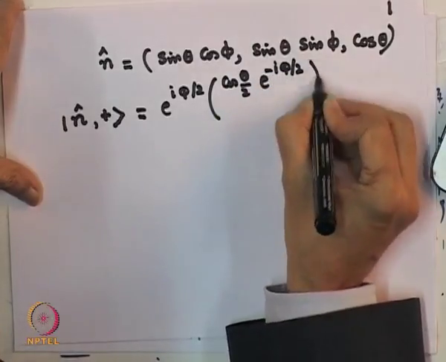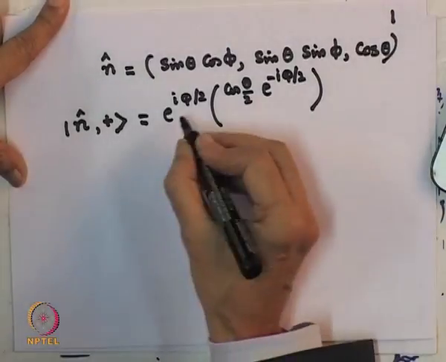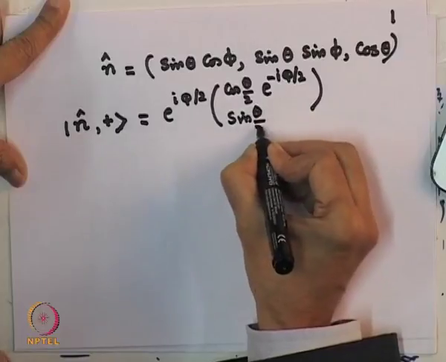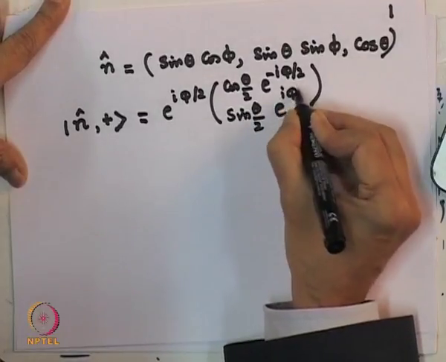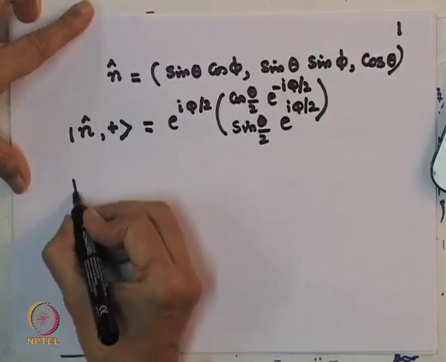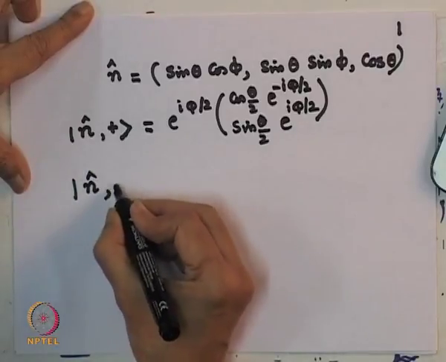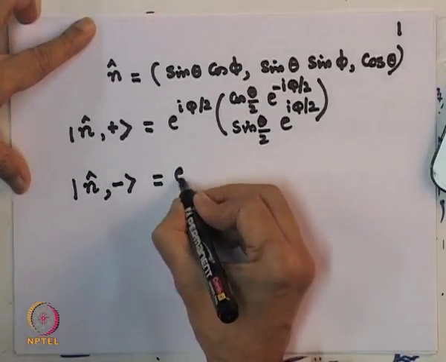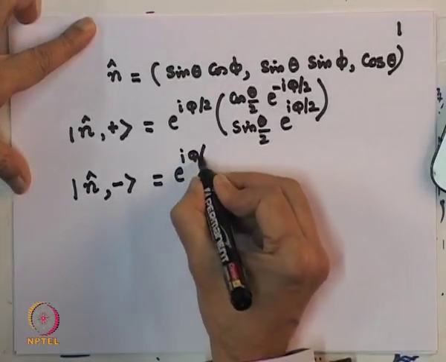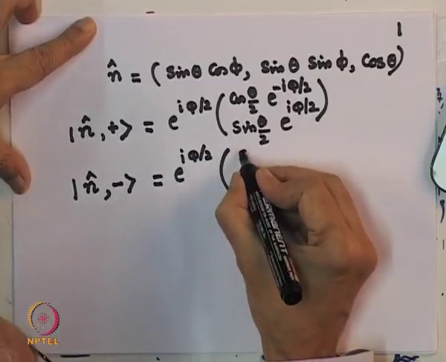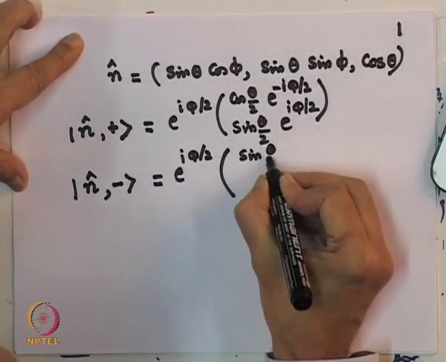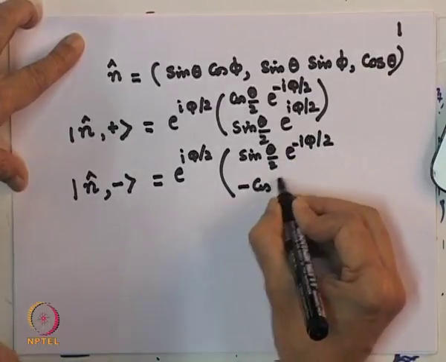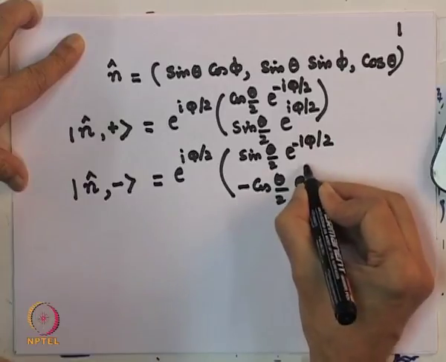This is a symmetric way of writing, and we will always ignore this overall global factor. The second component is sin theta by 2 e to the power i phi by 2, and the eigenvector corresponding to the -1 eigenvalue is given by e to the power i phi by 2 sin theta by 2 e to the power minus i phi by 2 and minus cos theta by 2 e to the power i phi by 2.